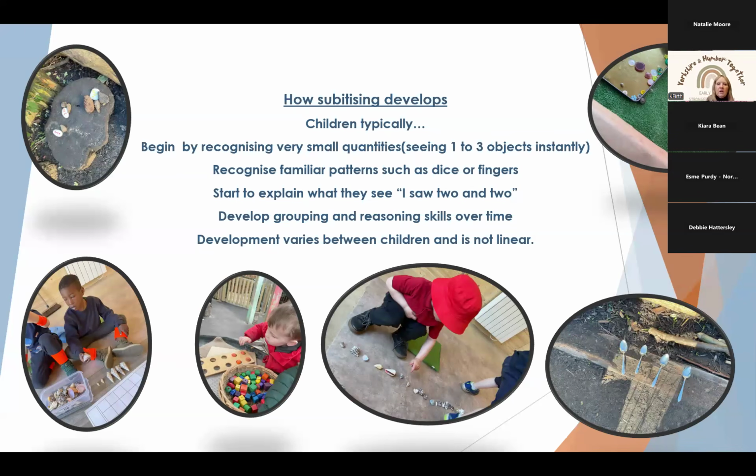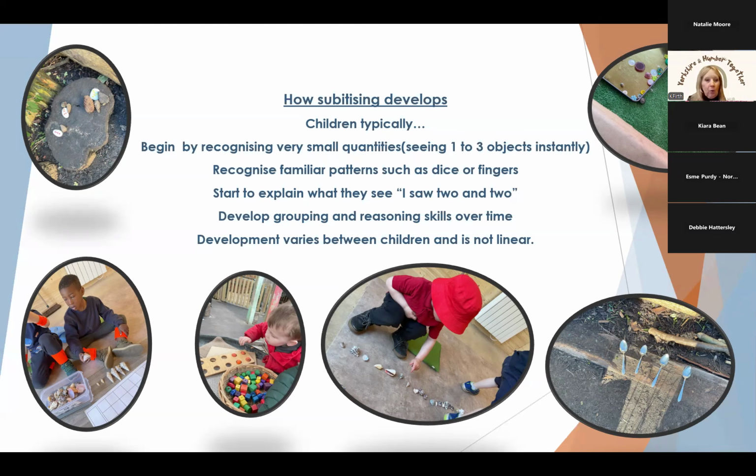So how does subitising develop? How do you start it? Simply with loose parts, begin by recognizing very small quantities. Children, like I said, one is enough. One finger, one stone, one shell, one pebble, one log, one shoe, one sock. Just remembering one. Talk about one in play.